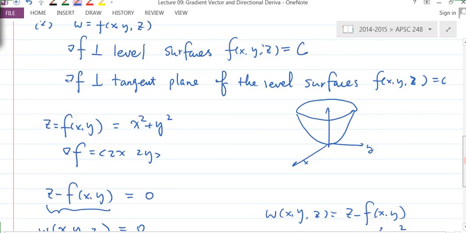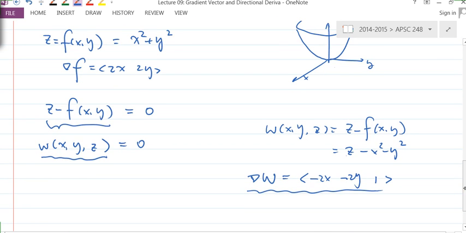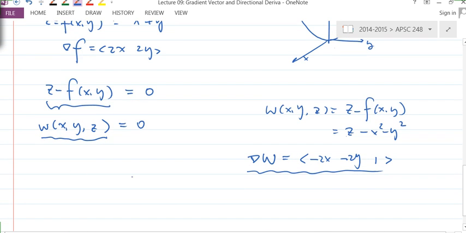As we said over here, for a function of 3 variables, its gradient is perpendicular to the level surface, this function equal to c. So coming back here, let's say I have a point, maybe it's 1, 1, 2.